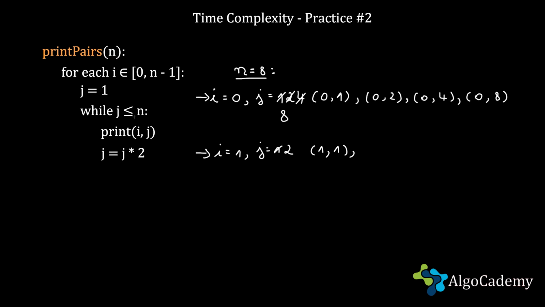We enter again with j equals 2, and we print the pair 1, 2. j gets doubled, becomes 4, still less than or equal to 8, so we print the new pair, which is 1, 4. It gets doubled again, so its value is now 8. We enter the while loop again, print the pair, and j gets doubled again, so this time it's going to be 16, and this is the first bad value as it is greater than 8.